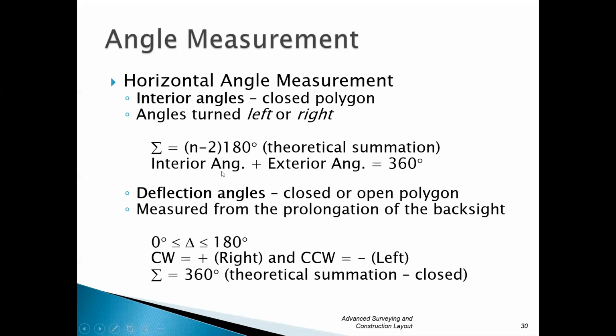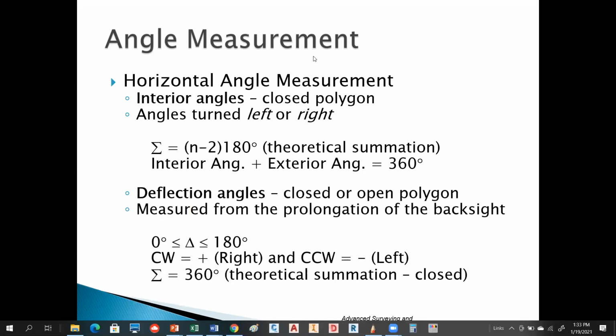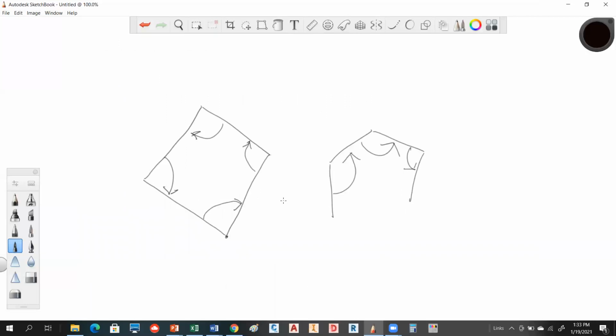The other thing is, when you're measuring angles, a lot of people will use this concept of what they call the interior and the exterior angle as a check. So when I go to my diagram here, since I have 4 angles, regardless of the shape of this, if I have 4 angles, it has to be 360.